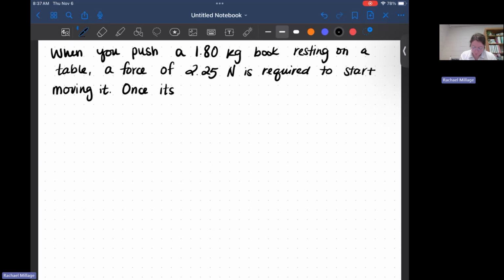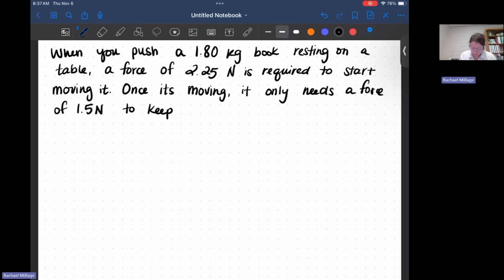Once it's moving, it only needs a force of 1.5 newtons to keep it moving. Find both coefficients of friction.